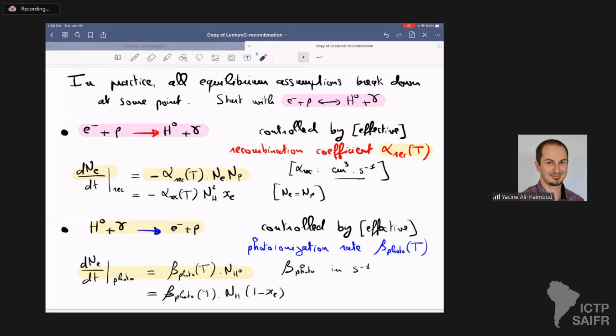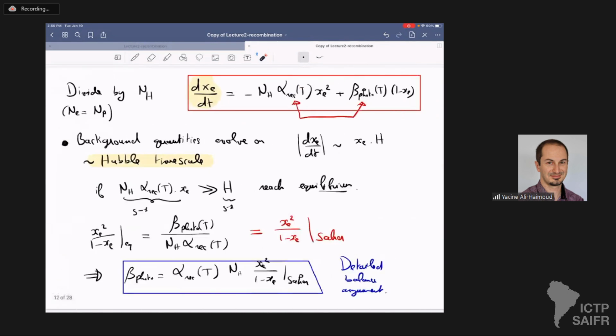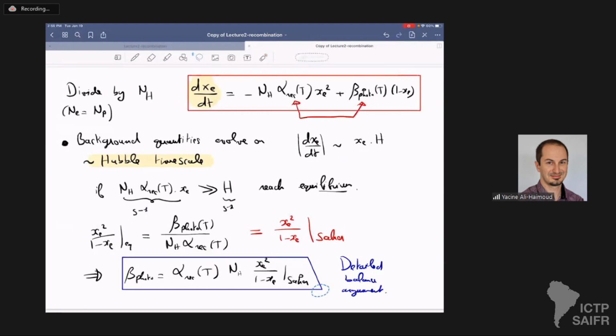I'm sorry for the noise. So these are just the microphysical time reverse reactions, and as a consequence, their rates must be related. And the fact that they depend on temperature is just because we're averaging over thermal distributions of either electrons and protons in this case, or of neutral hydrogen and photons. All right, so this is how we relate these two coefficients.